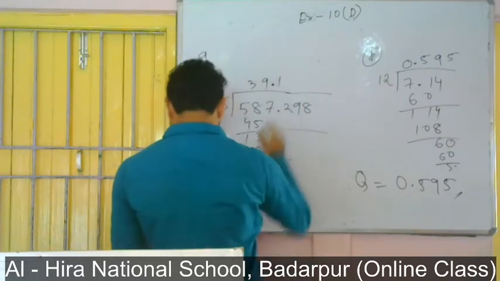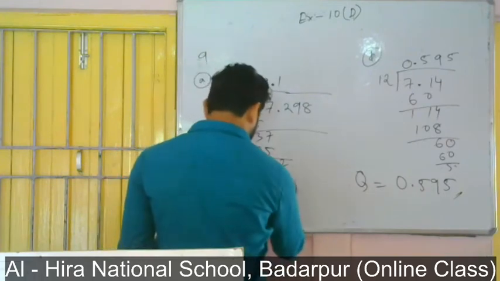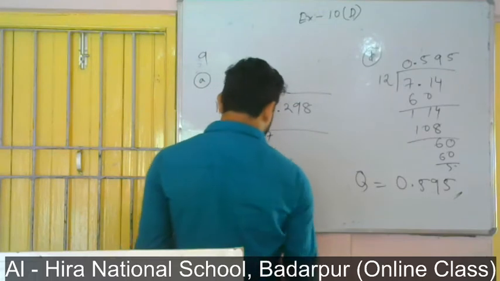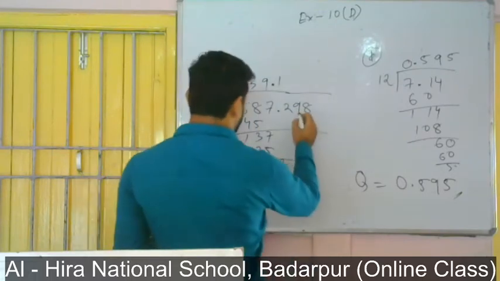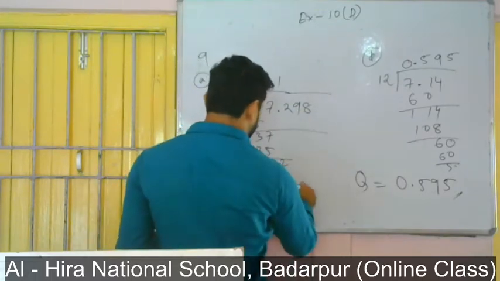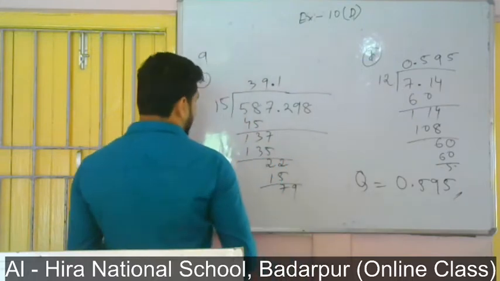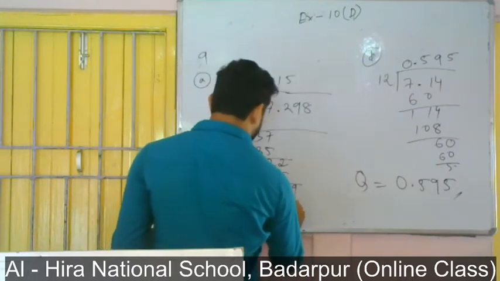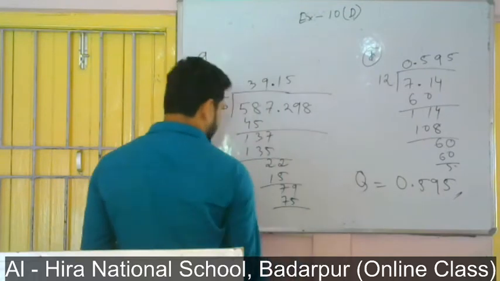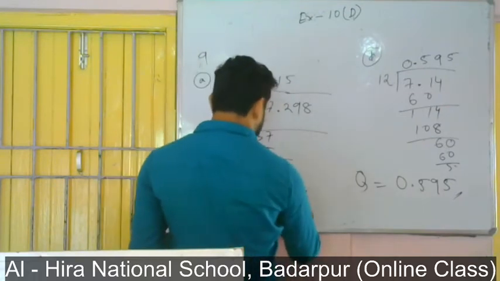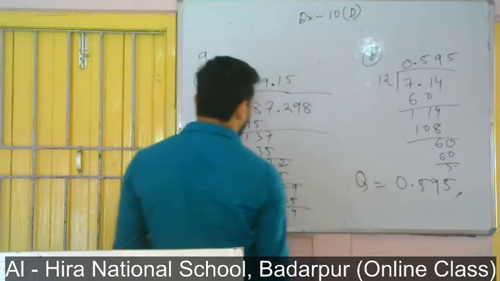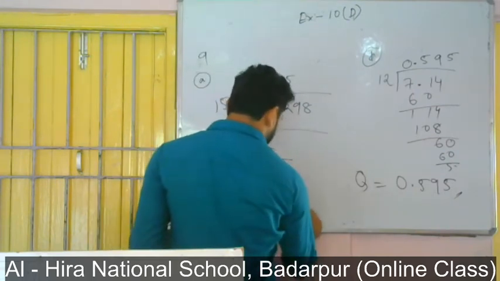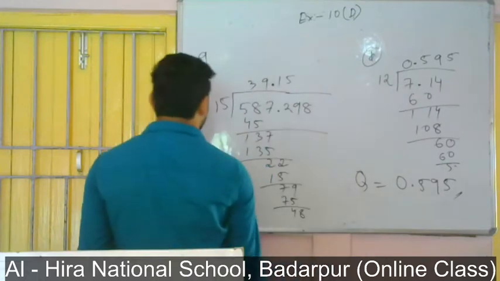So we'll put 1. 15 1s are 15. Okay. Here remain what? 12. 12 minus 5, 7. So now we shall take 9. Okay. And 5 15s are 75. Okay. Now we shall take what? 9 minus 5, 4. So 4 is not divisible. We will take 8. Okay.